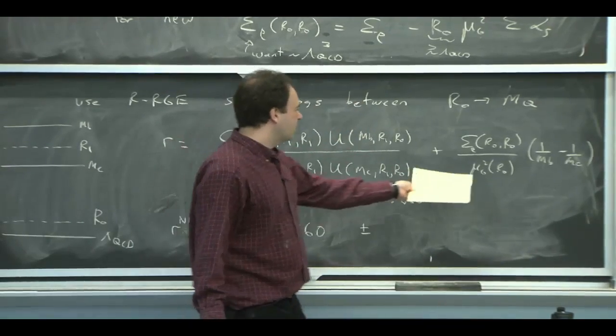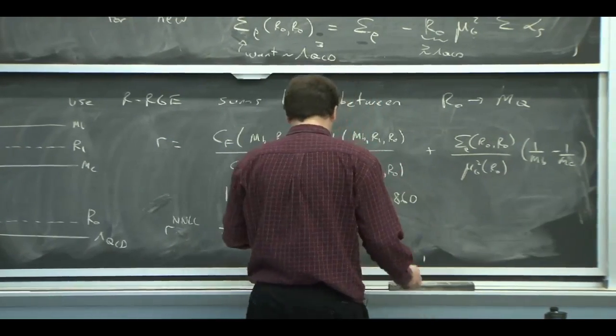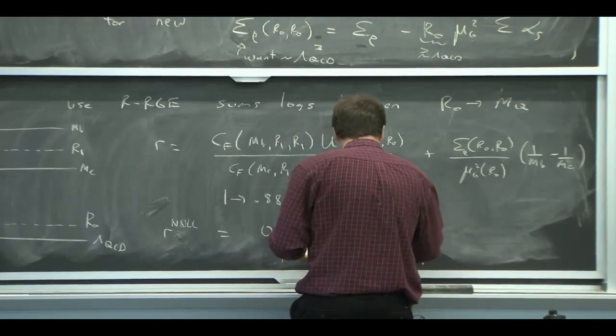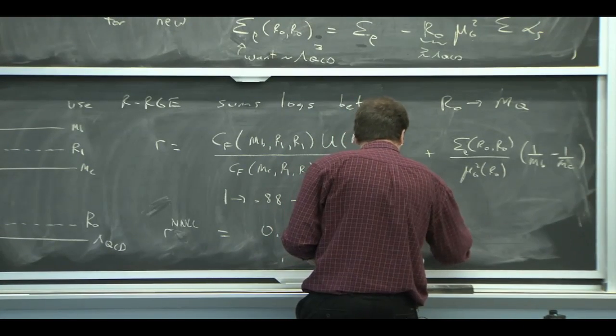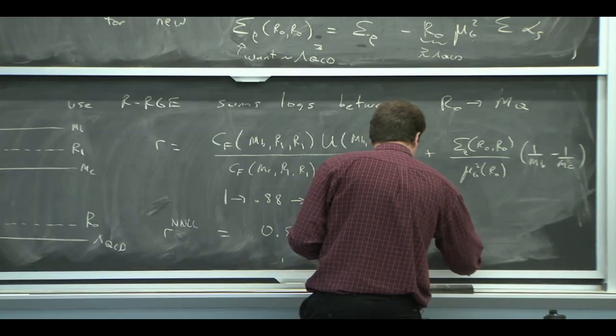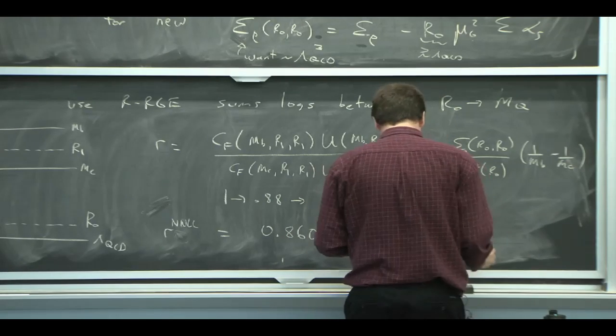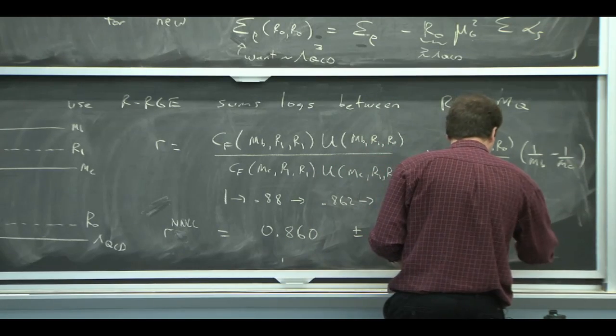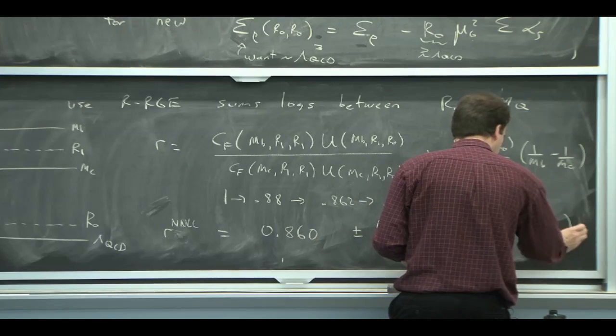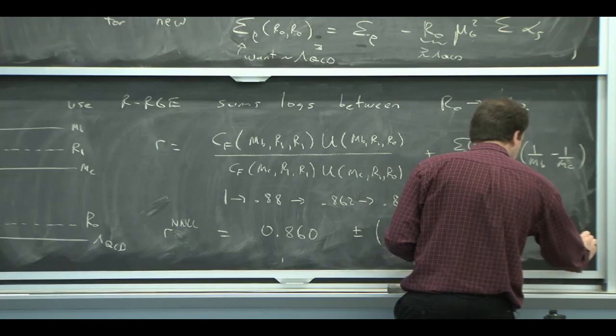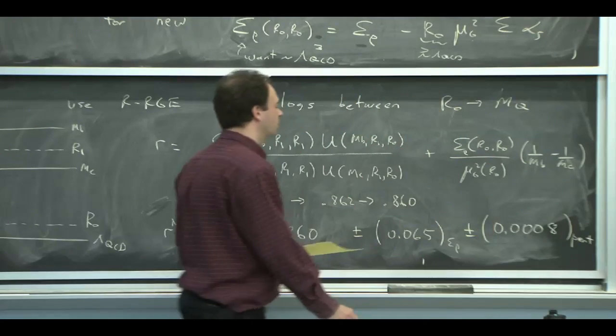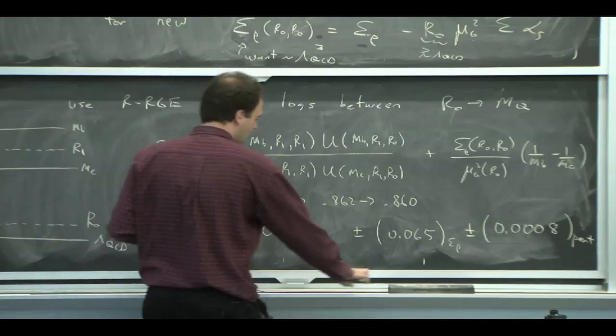You can make some error estimate for how big this thing is. And you can make some error estimate for the perturbative uncertainty from higher orders by varying scales. And you get a prediction that looks like that.